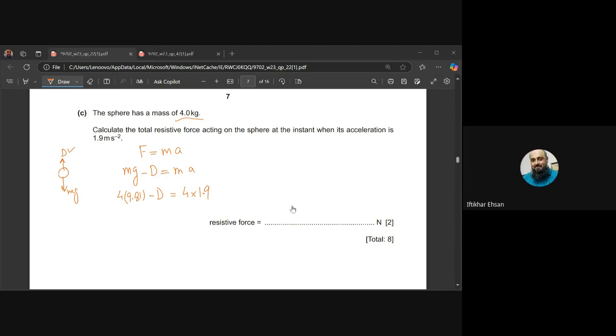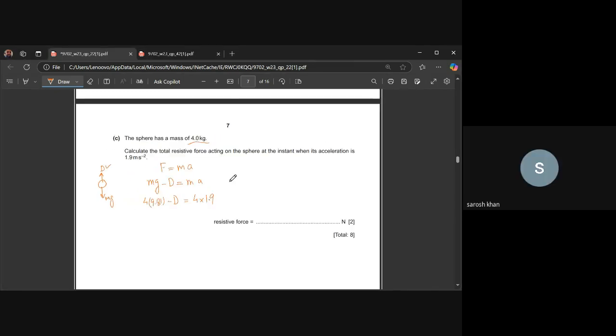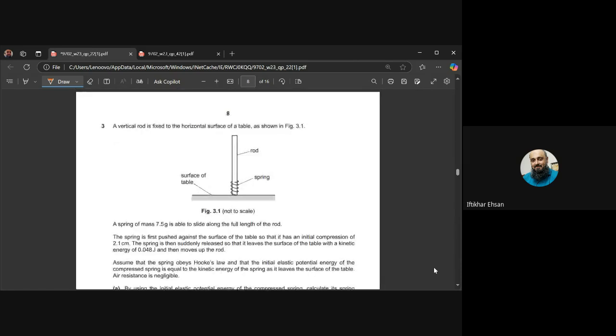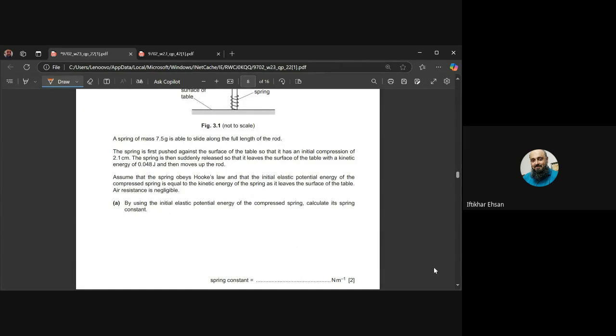Question 3, Part B and Part D, the last part. We have a spring. The mass of the spring is able to slide along the full length of the road.